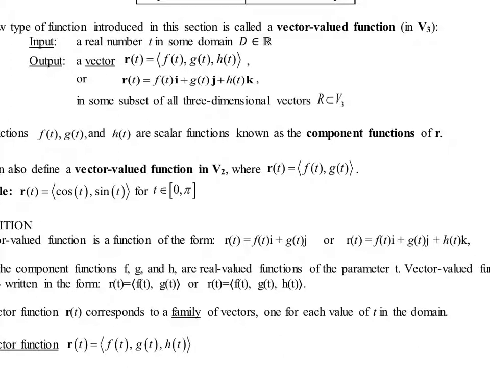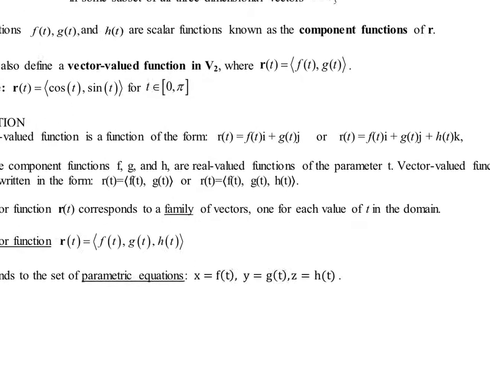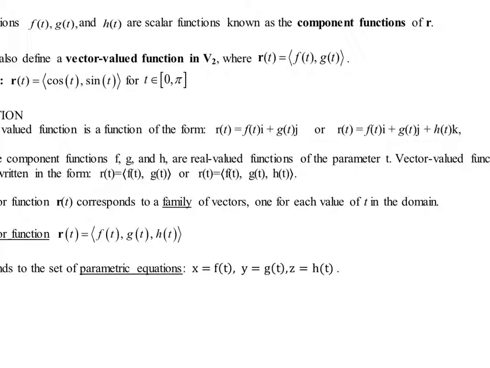All right? So some definitions here. I think I've pretty much covered all this, with hand waving and everything, but these are the formal definitions. The one important thing here, the vector function r of t corresponds to a family of vectors, one for each value of t in the domain.